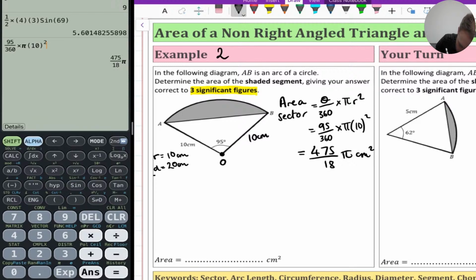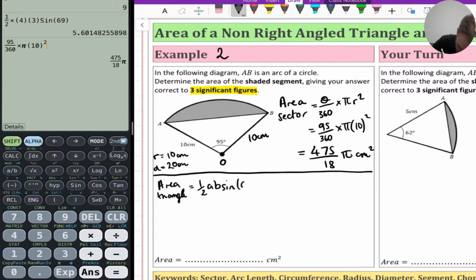We also need the area of the triangle, the non-right angle triangle. Now, this is going to be 2 sides with the angle in the middle. So in this case, it's going to be the 10 and 10 with this 95 in the middle. So the area of the triangle is equal to a half ab sine of C, which is equal to a half times 10 times 10 sine of 95.